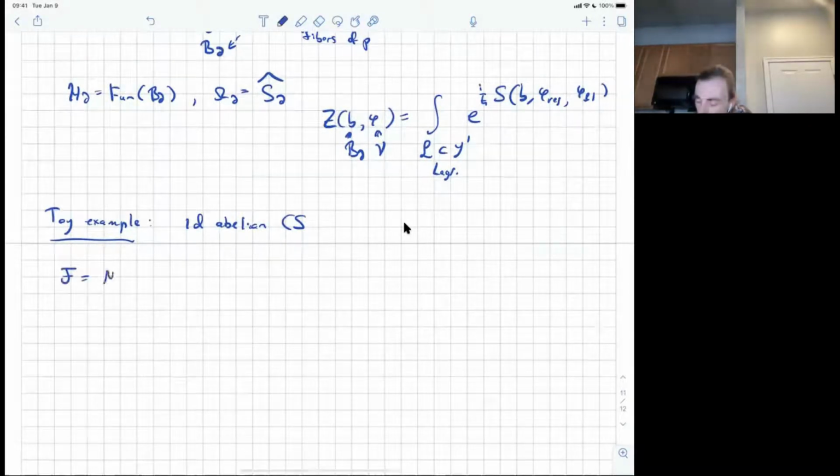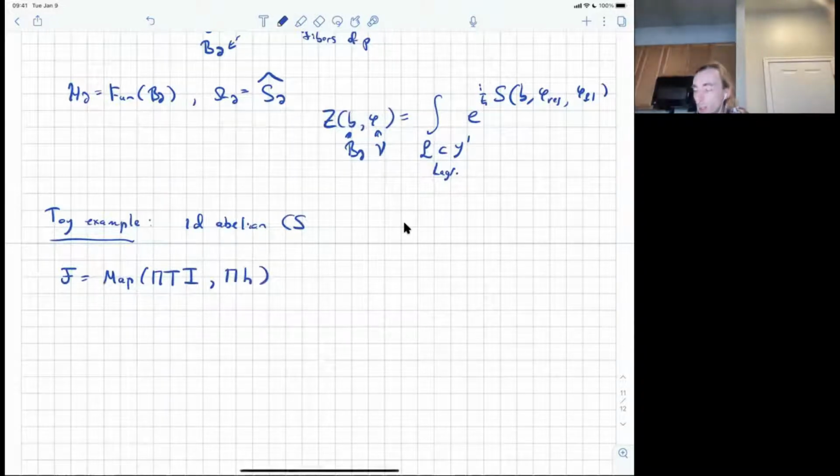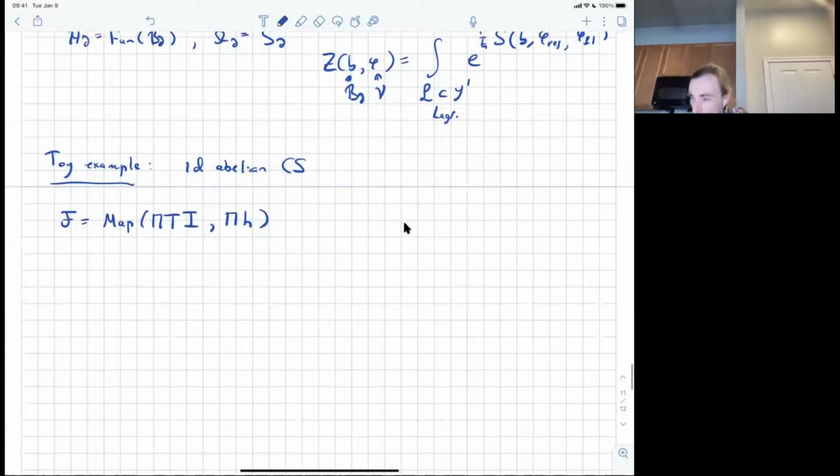This is an AKSZ model, and I'm sure that AKSZ models are discussed in this program, so I don't need to explain what it is. It's an AKSZ model on the mapping space from the odd tangent bundle of the interval to the purely odd vector space, the parity shifted vector space, where H is some vector space with a fixed inner product.